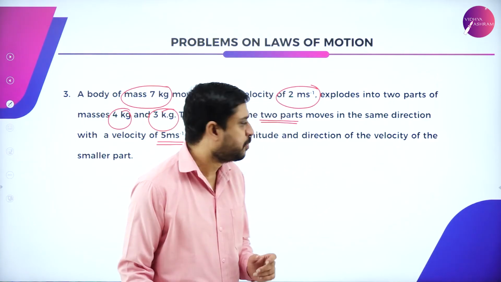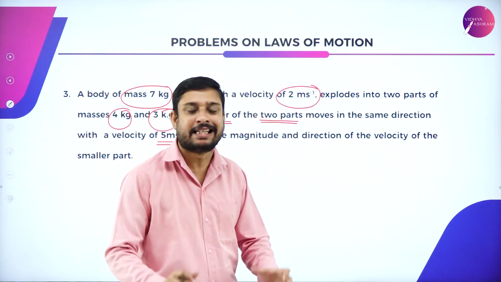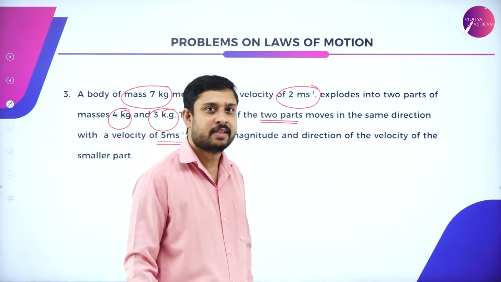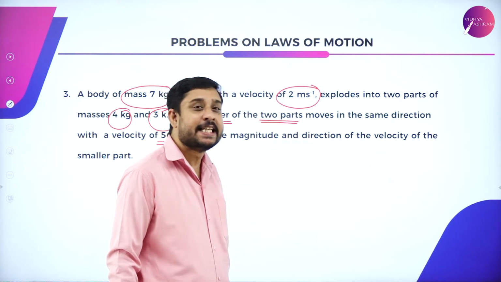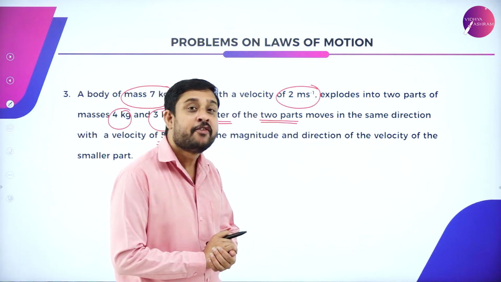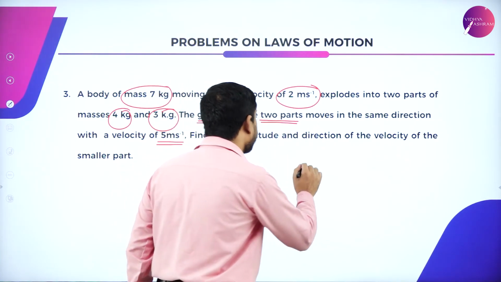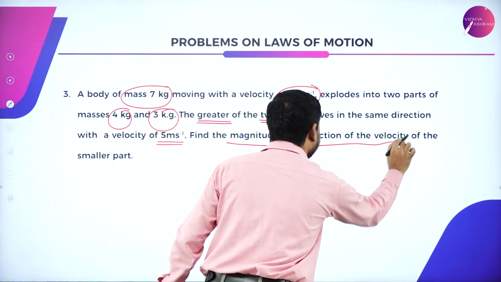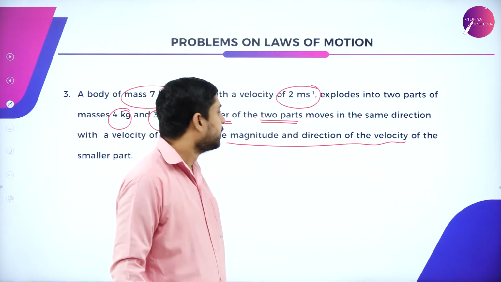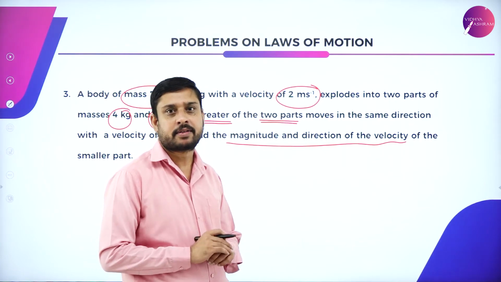So now here we observe the greater of the two parts, the fragment which has more mass, is moving in the same direction with a velocity of 5 meters per second. That means I have to find the magnitude and direction of the velocity of the smaller part.